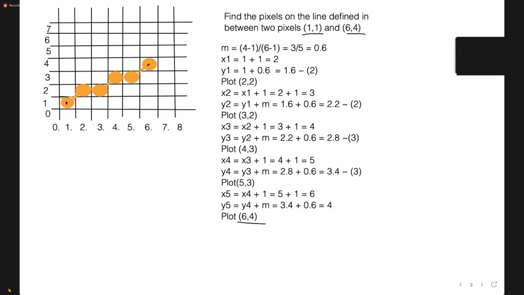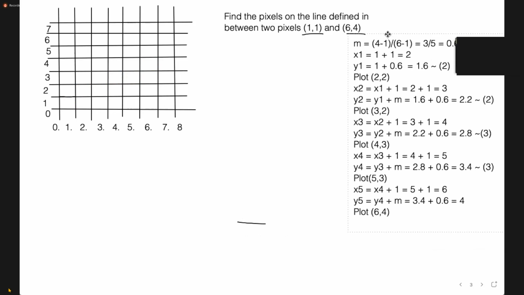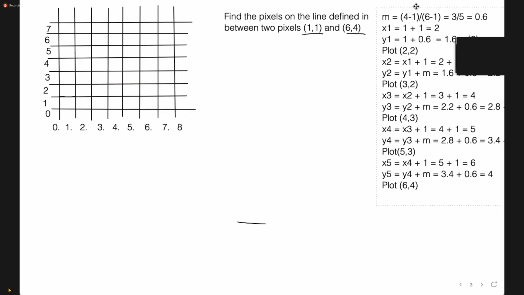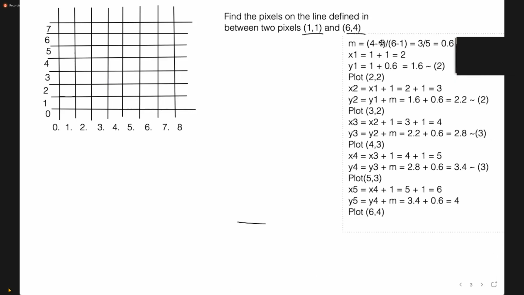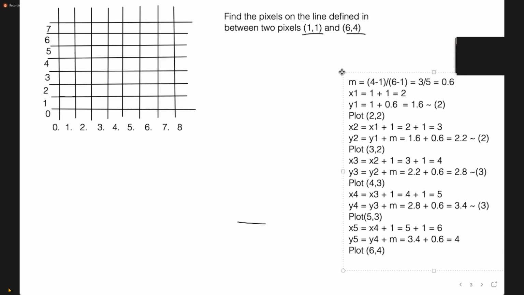Okay. We'll do another example. I'll take the eraser and erase these things. I'll take this one and put it somewhere here for your reference.